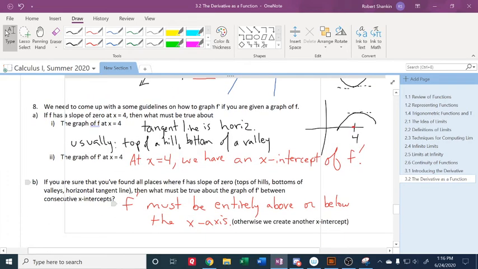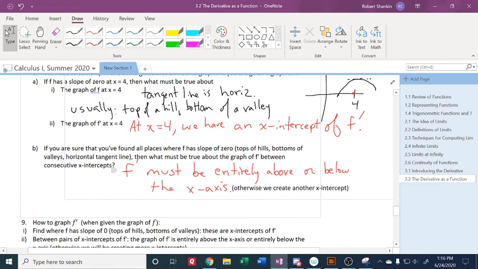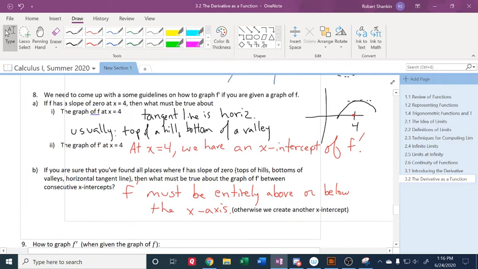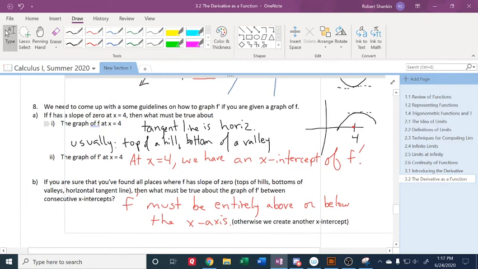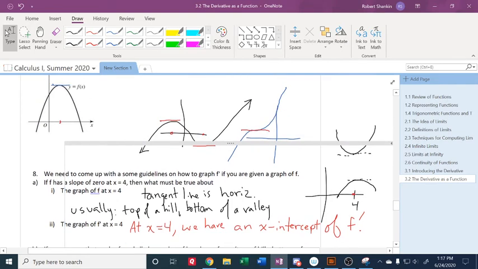So let's make sure we're good on this point on 8B. If we've identified all of the places on f that have slope of 0, those become the x-intercepts of f prime, and then we must be entirely above or below the x-axis on the different sides.